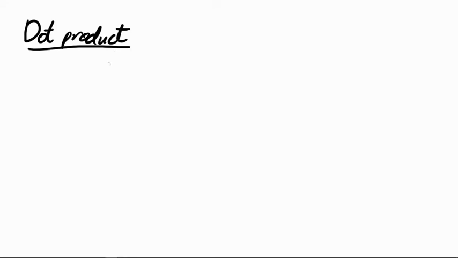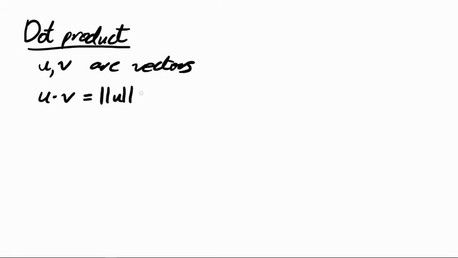So this seems a bit odd at first, but if we have 2 vectors u and v, then the dot product, u dot v is equal to the size of u multiplied by the size of v multiplied by the cosine of theta, where theta is the angle between u and v.